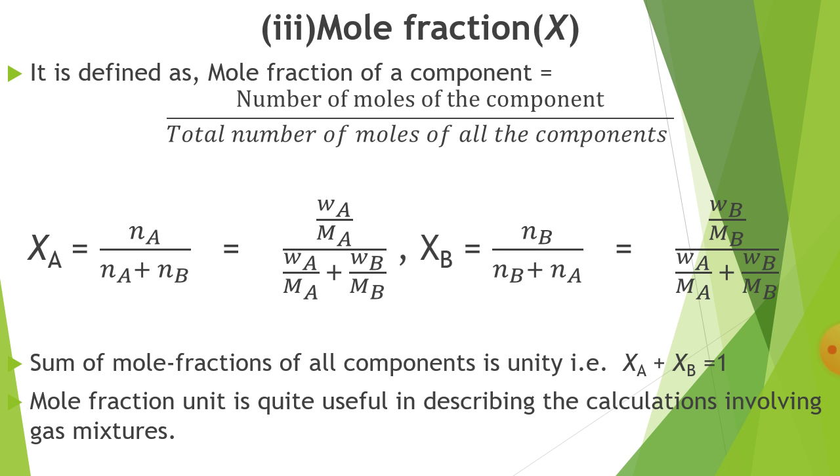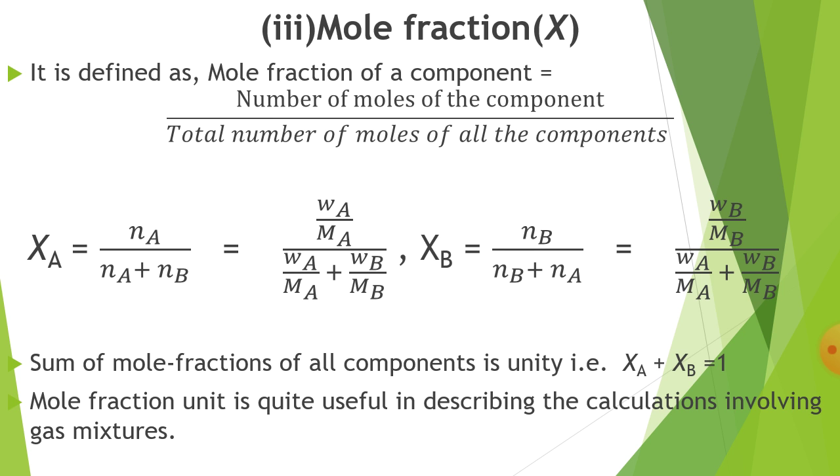Number of moles of A is equal to weight of A divided by molar mass of A. Then the number of moles of A plus B is written as WA by MA for the number of moles of A plus WB by MB for the number of moles of B.